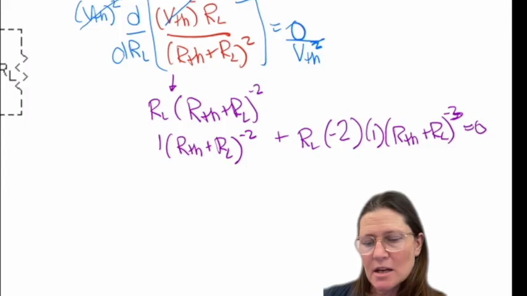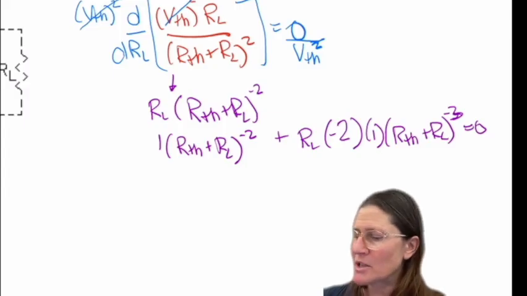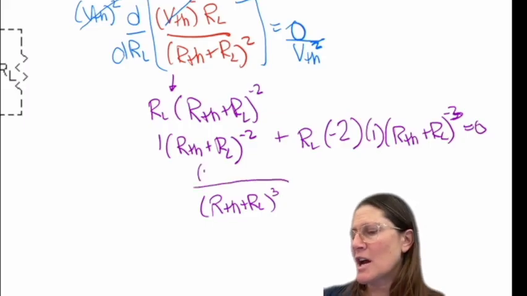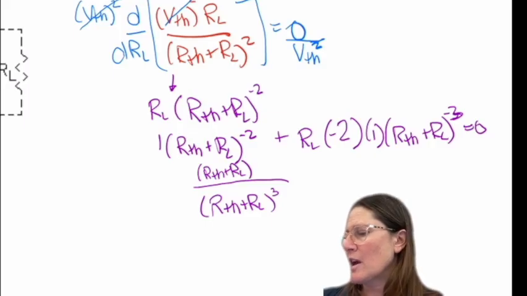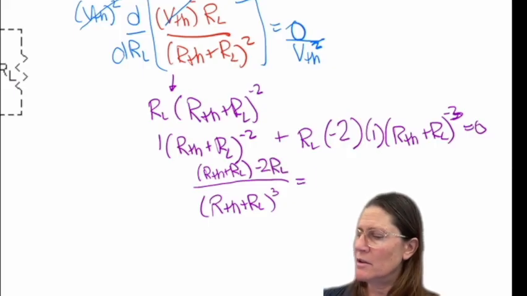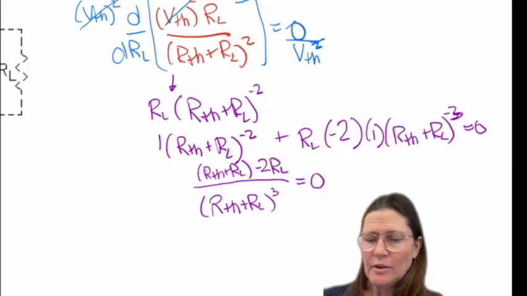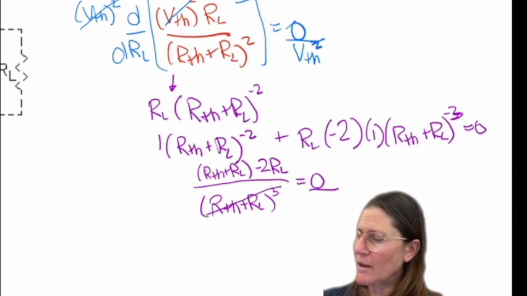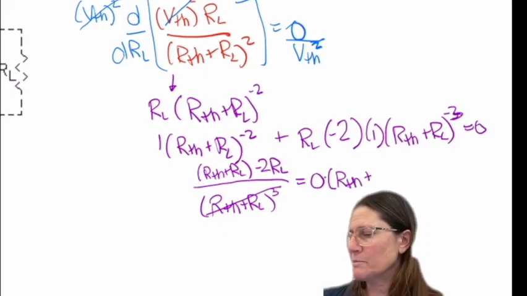And then combining these to get a common denominator of RTH plus RL cubed, I have to add a term from this first term, and then a -2RL. So multiplying this over, I get 0 times that, so that goes to 0.